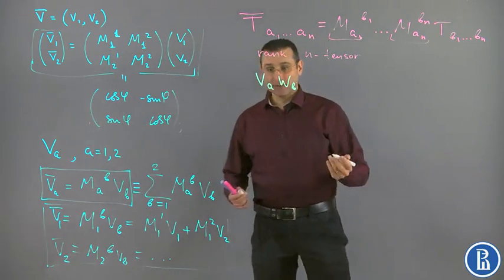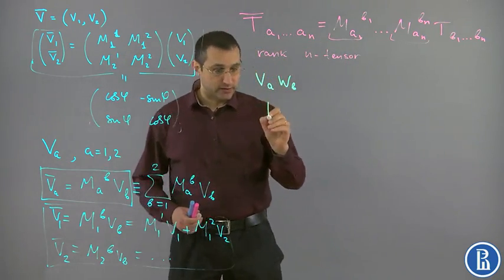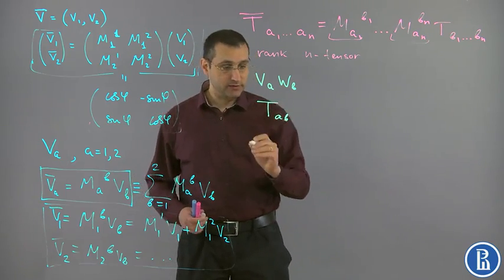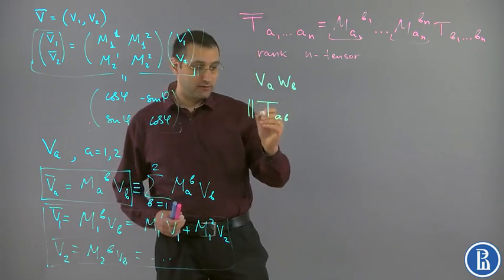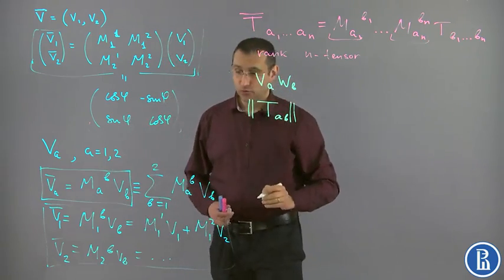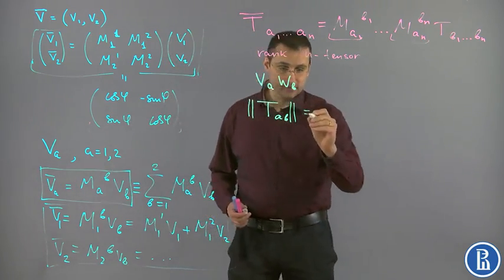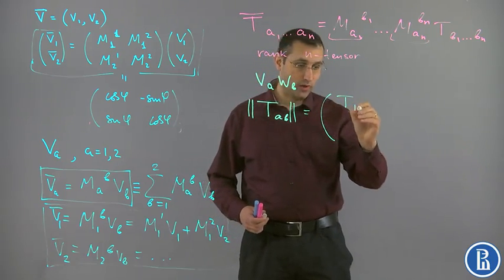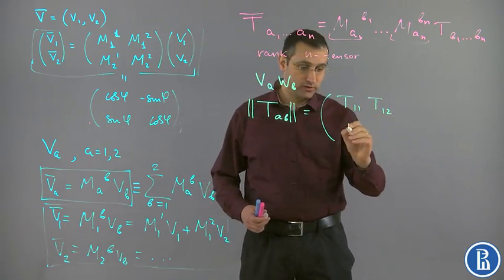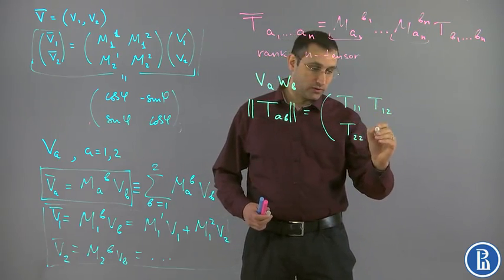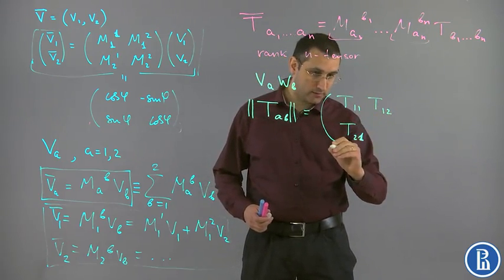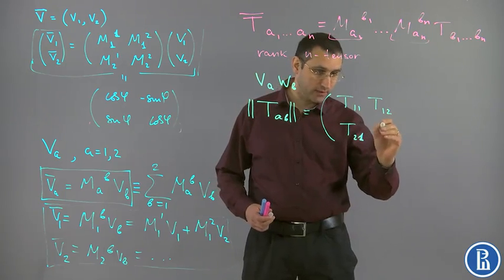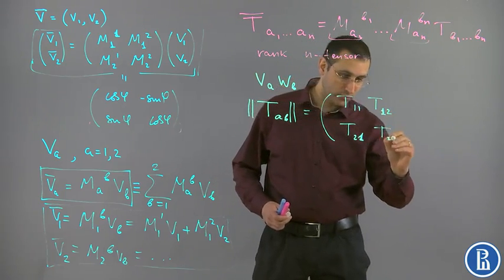In principle, if you have a tensor with two indices, it is convenient to place it in a matrix. For example, T11, T12, T21, T22.